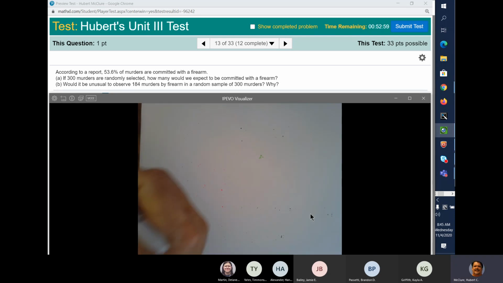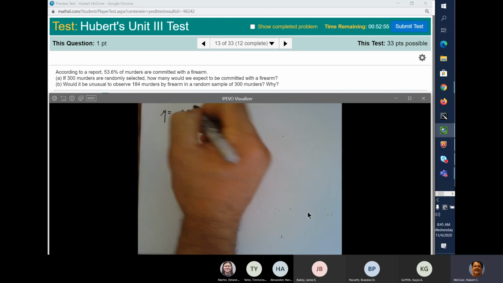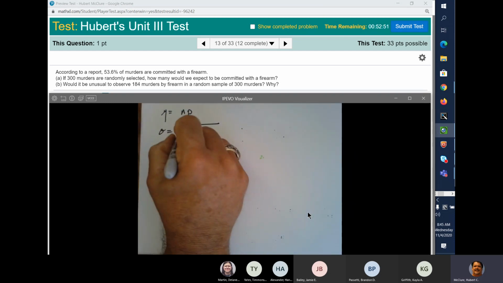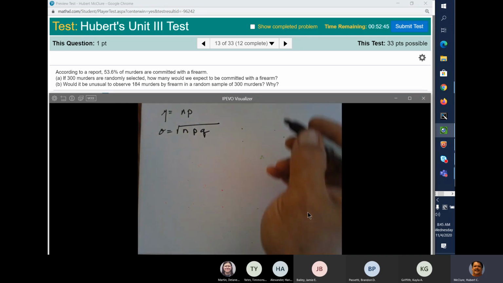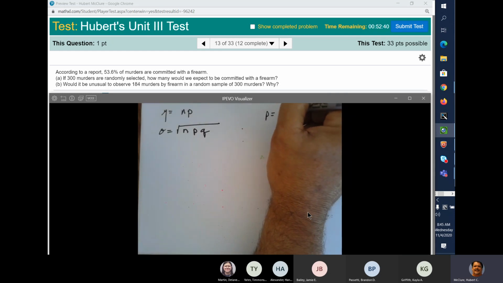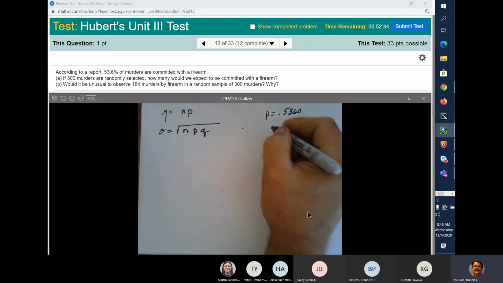This one is NPQ. Mean is equal to NP, and the standard deviation is equal to the square root of NPQ. So P is equal to 0.536, and N is equal to 300.